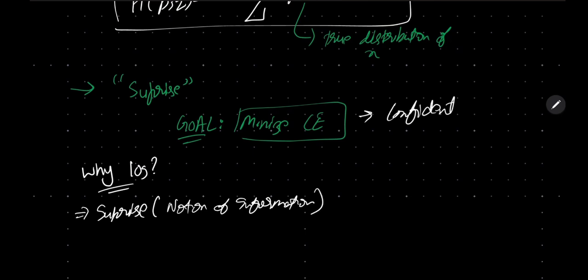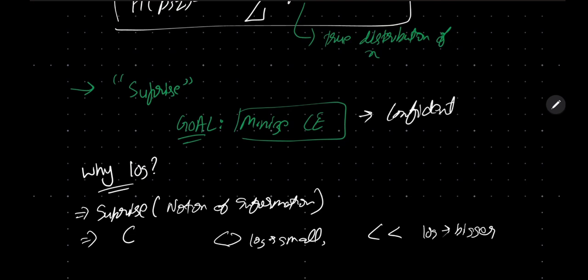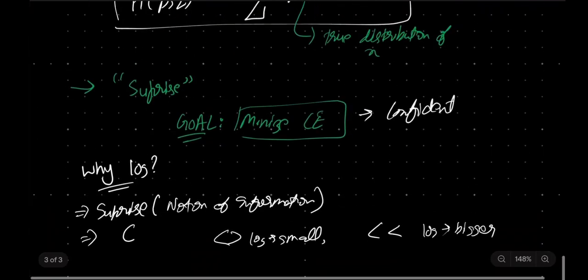Now the model's confidence, let's say it's C. Whenever the log makes things smaller, the confidence is going to be big, and whenever the log makes things bigger, the confidence is going to be reduced. We need to make sure that the model is confident on whatever it is saying and not much surprised. Okay, so I think we are done with cross entropy.